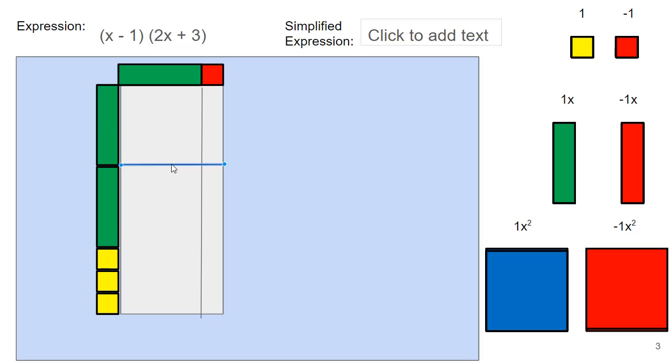I'm going to copy this. Let's see if I can just paste it in. I think I can. I need one here, and one here. Look at that. I feel like I'm getting better at this.